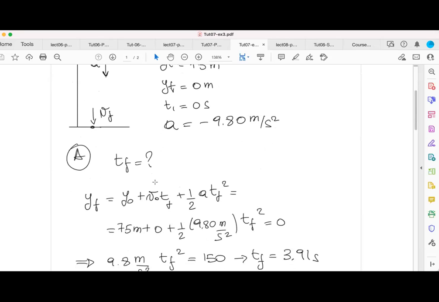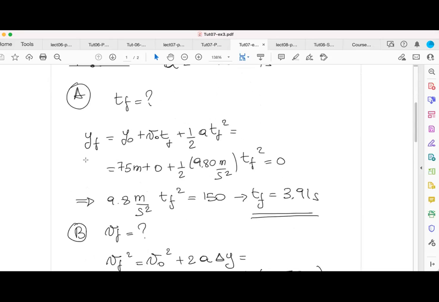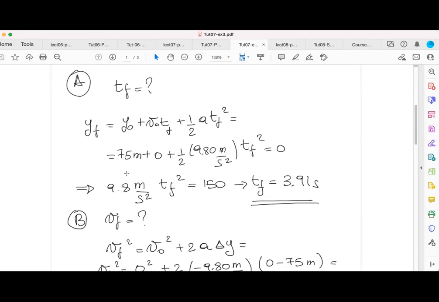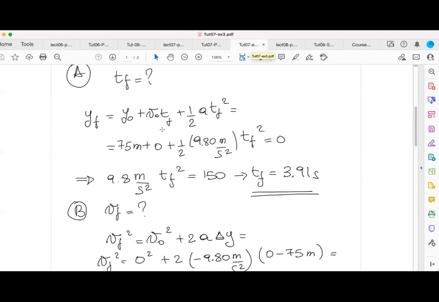So it's asking for t final. As you see here, the equation is exactly like the equation that you saw in lecture number 6. The only difference is that instead of x, we are looking at the position along y. So you just have to substitute x with y, but it's essentially the same.